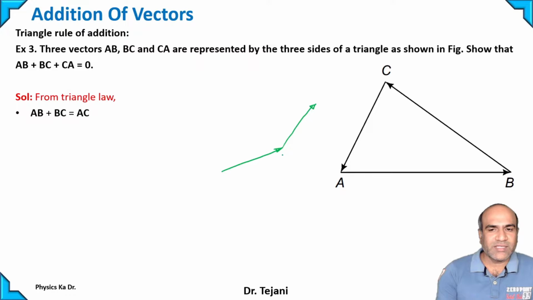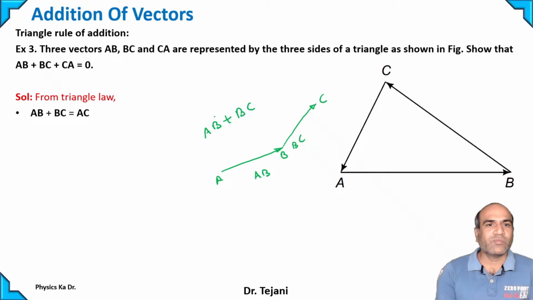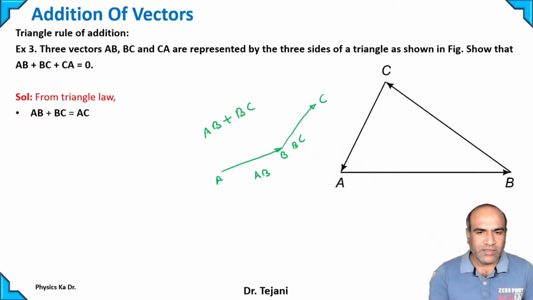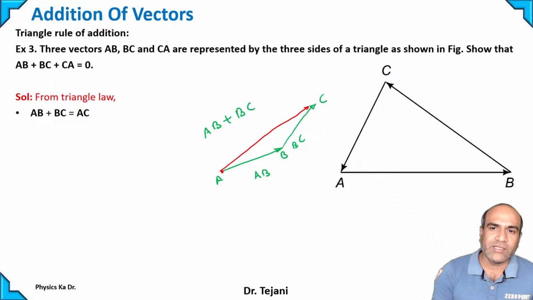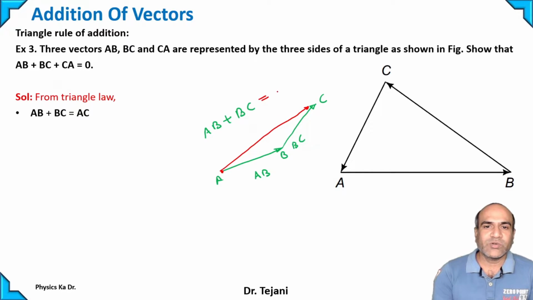Whenever there is this condition, we use AB. Say for example, this is A, this is B, this is C. So here AB plus BC from the rule of triangle. And then we know that from the rule of triangle, if you join this tail with the head of this, that becomes AC.